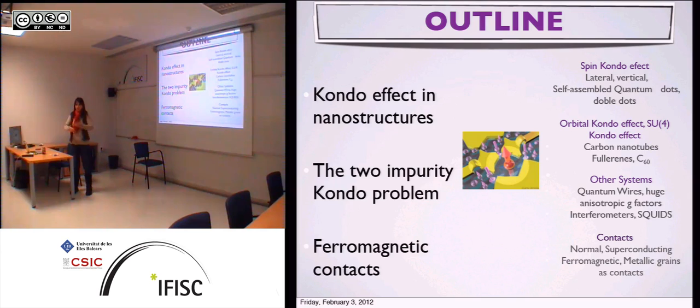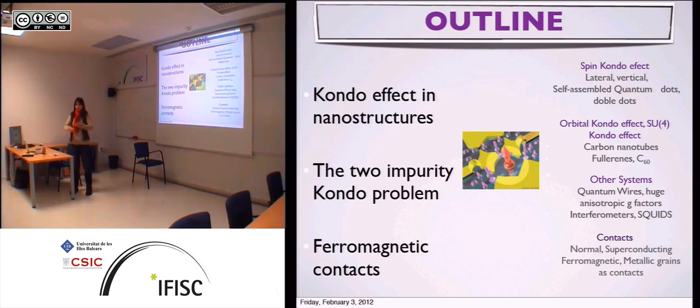Now this physics was already explored, but now you can also have a superexchange interaction between the spins of the two dots, which means that now each dot develops its own Kondo resonance. And now the localized spins can generate, through this barrier, what I told you at the beginning.